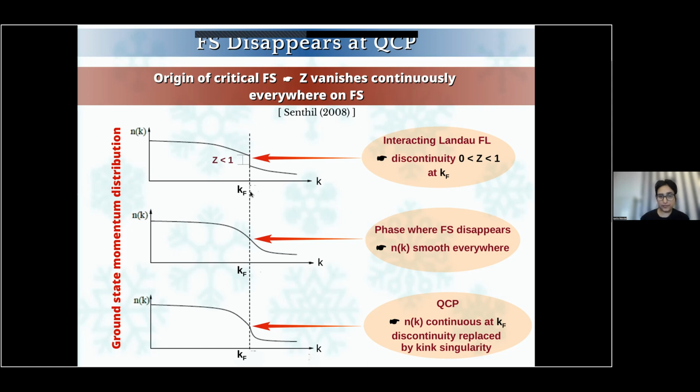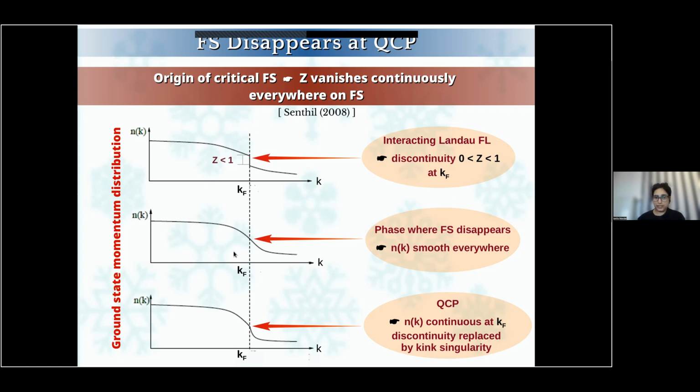This also identifies the Fermi momentum kF. Now let us imagine that we have transitioned to another phase in the second diagram where this Fermi liquid has been completely destroyed. In this phase, n of k is smooth everywhere. There is no discontinuity and no notion of Fermi surface or Fermi momentum.